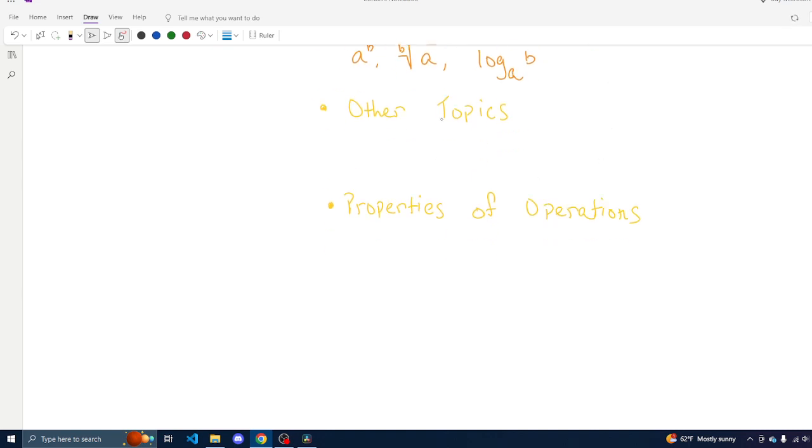And there's other topics that you would talk about as well. These include things like prime factorization, your least common multiples, and your greatest common divisors.